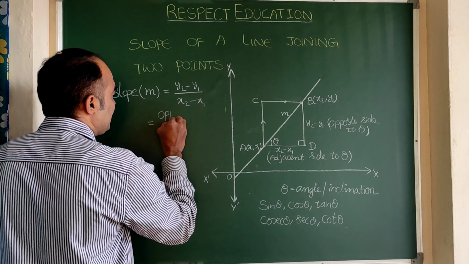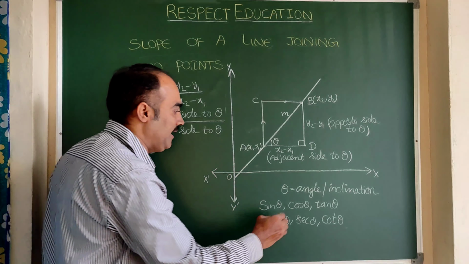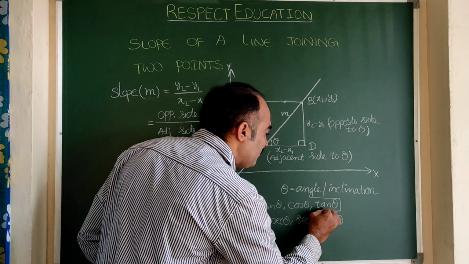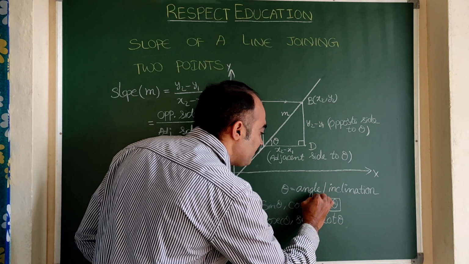In trigonometry, as I have told you, there are 6 ratios. Out of these 6 ratios, the opposite side to theta by the adjacent side to theta is indicated by tan theta. Clear? So this can be replaced with tan theta.